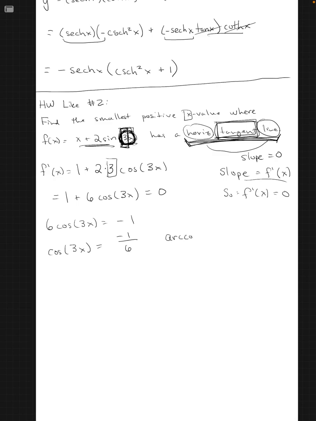We take the inverse of both sides, or the inverse of cosine of both sides. The inverse and the function cancel each other out.